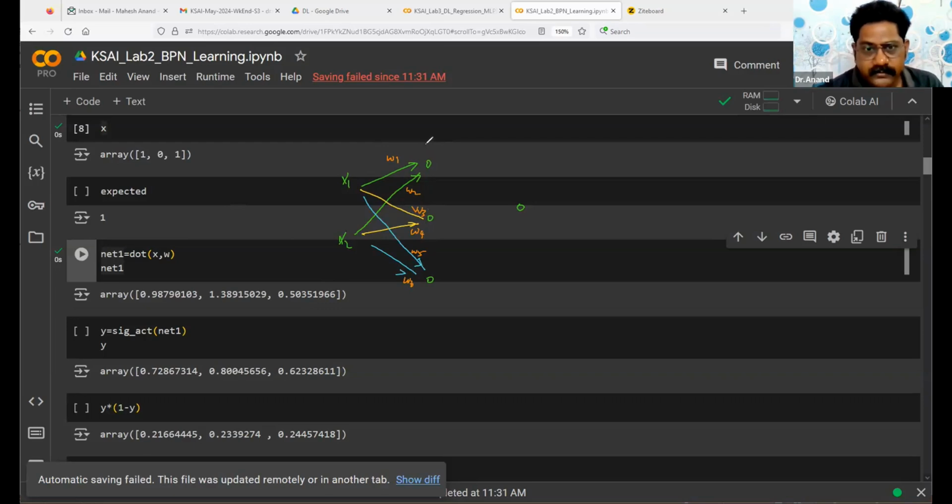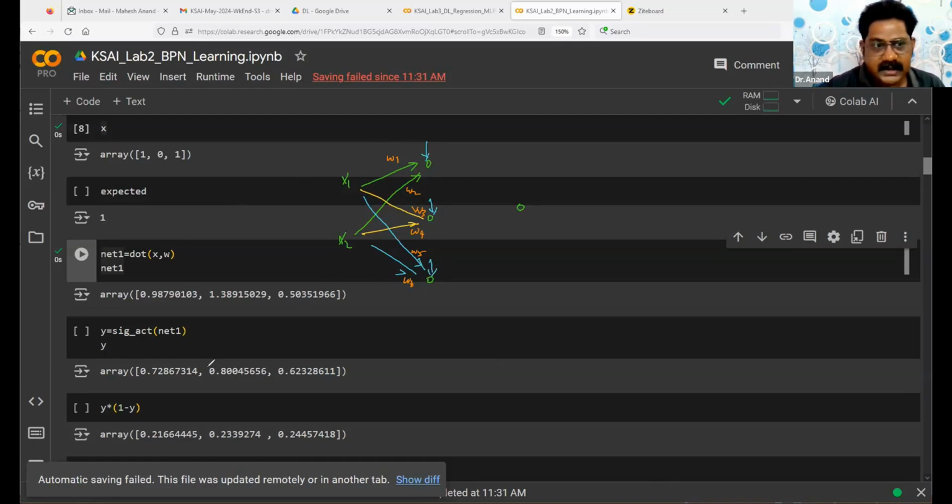And also, for every neuron, you have a bias. So totally, 3 biases.